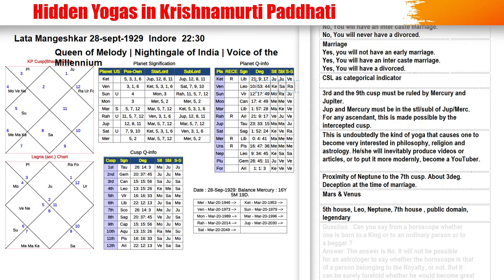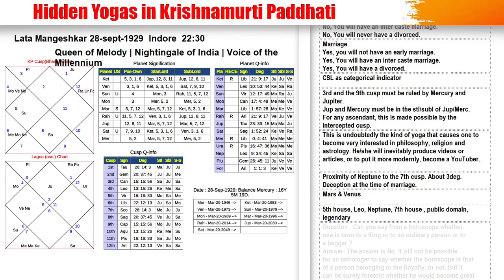If you look at each of these planets, most of them have something to do with the seventh house. But isn't it ironical that many planets have to do with the seventh house, yet none of them were able to give marriage in Lataji's horoscope.